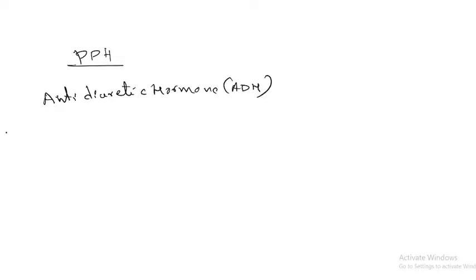When coming to the posterior pituitary hormones, there are two hormones. One is the antidiuretic hormone, that is ADH, and another one is oxytocin.